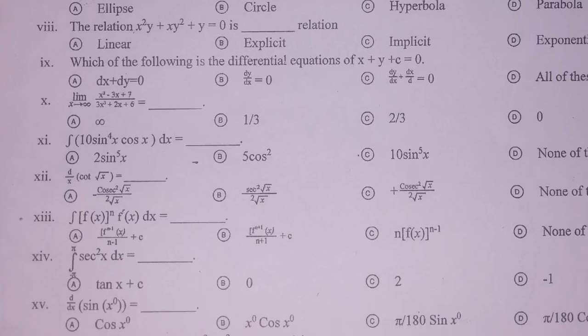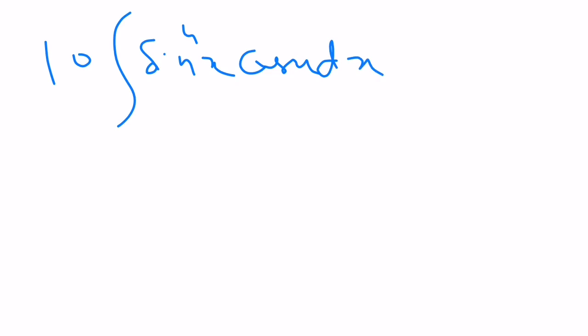The integration of 10 sin power 4 x cos x is equal to what? So 10 is the constant, and sin x power 4 cos x into dx.